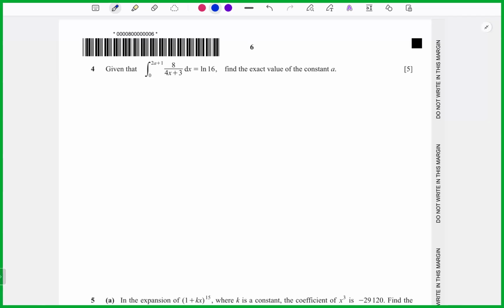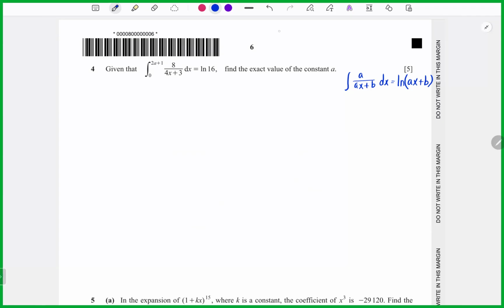When you do this question, please memorize: the integral of f'(x) over f(x) dx will equal ln f(x) plus c. I hope you understand. Okay, so now we try.